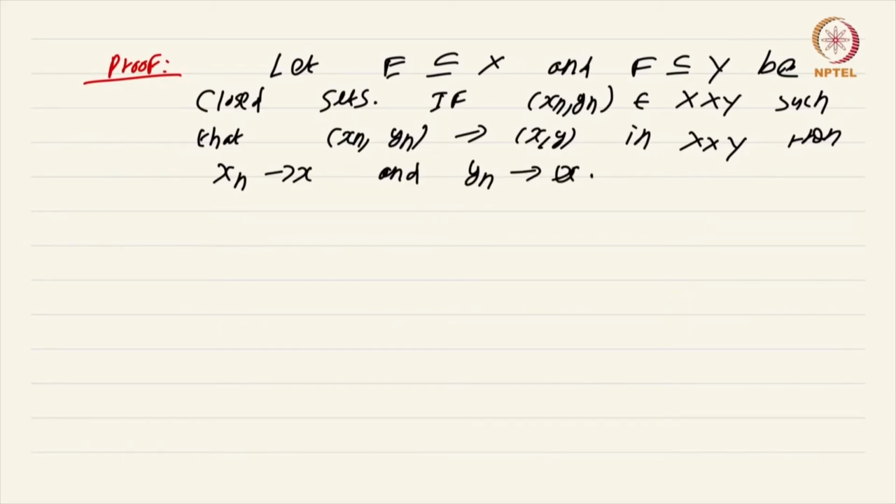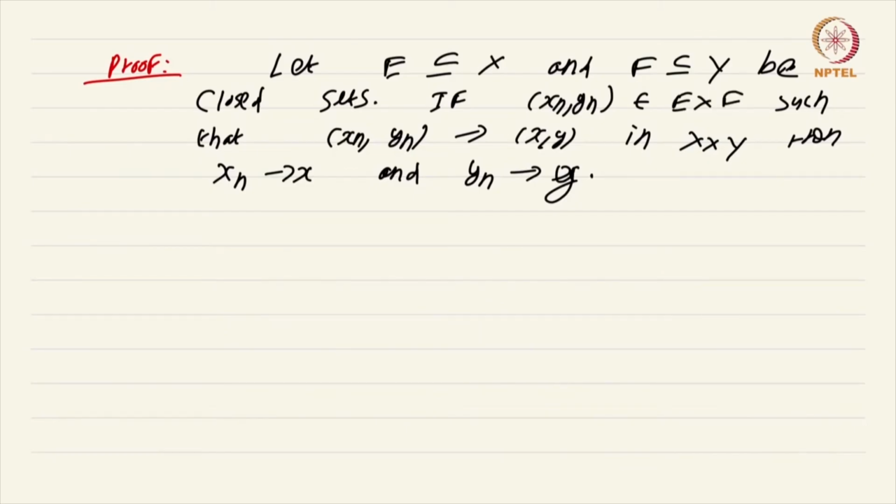Now, let me just make a small change. (xn, yn) is in E cross F. Otherwise, what was the point of picking these closed sets?